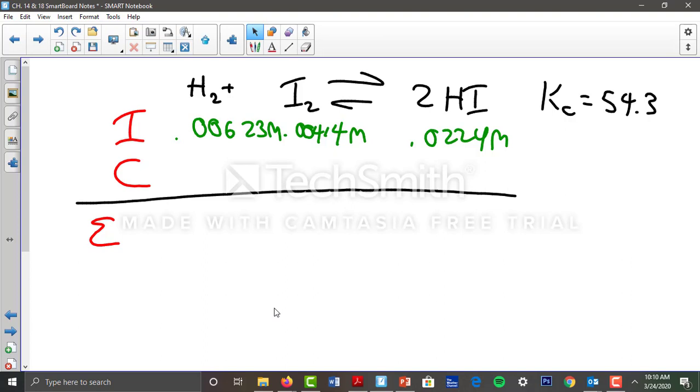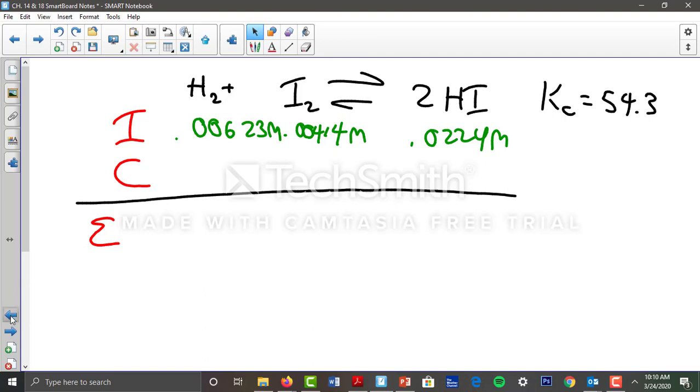What makes this type of problem more difficult and more involved is the fact that you have to first determine which direction equilibrium has to go. Is this reaction currently one where there's more product than reactant at equilibrium, or is it one where there's more reactant than product at equilibrium?